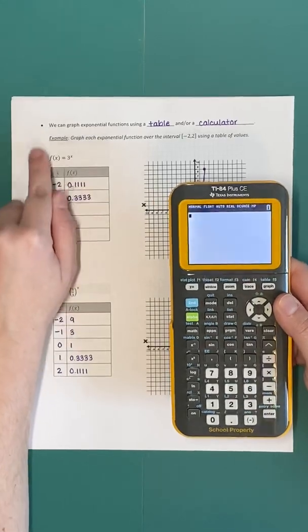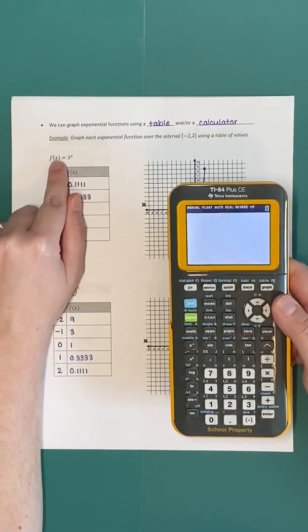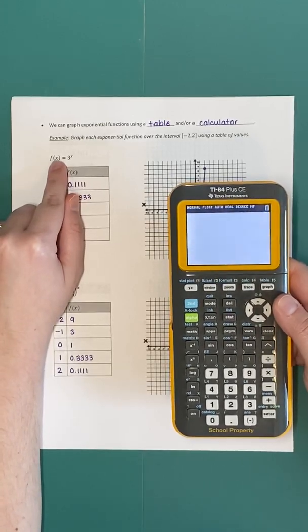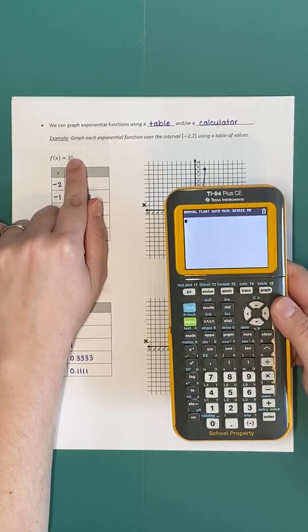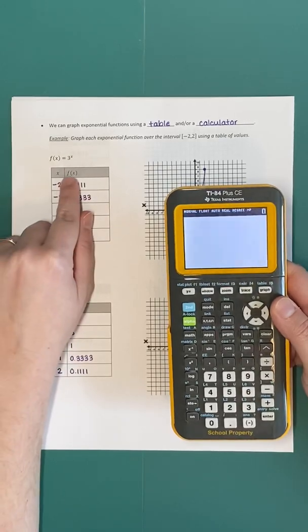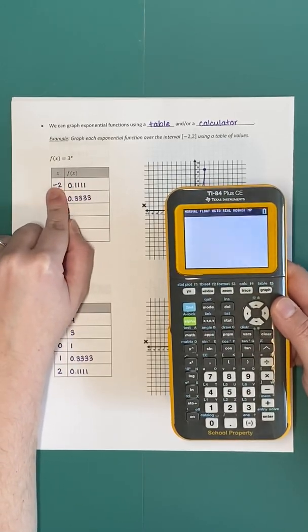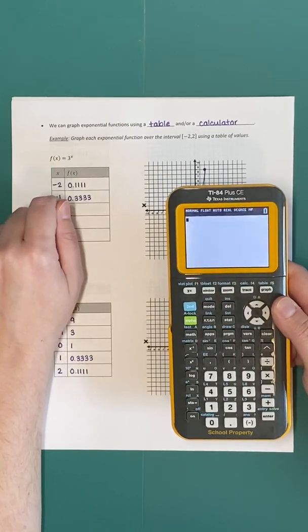What does that mean for a function like this? Well, it means take that input, for instance, -2, and replace the variable with that number. Here, though, that means we're putting that number into the exponent because that's where our variable is. So if we want to know what the output is that goes with -2, we're going to substitute in a -2 as our exponent.